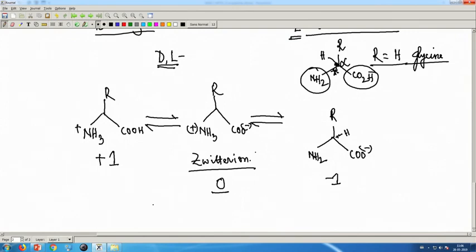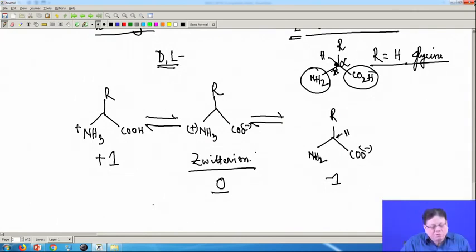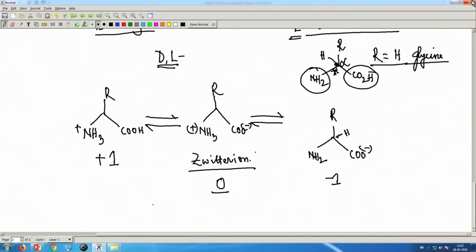Now, at some pH it will be present in the zwitterion form, and at that pH the whole system is electrically neutral. Suppose you put this amino acid in a gel and apply a voltage, a plus on one side and a minus on the other, with the amino acid in the middle.